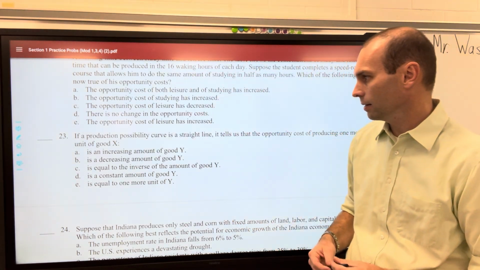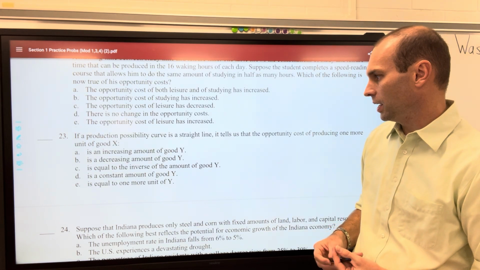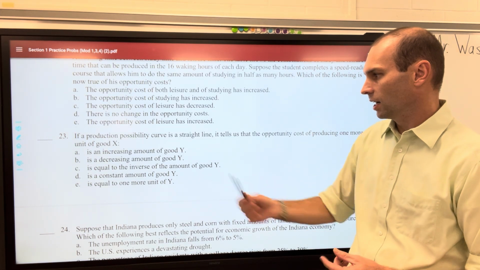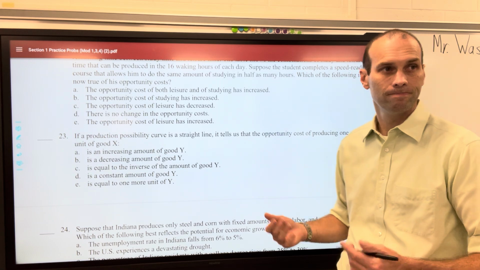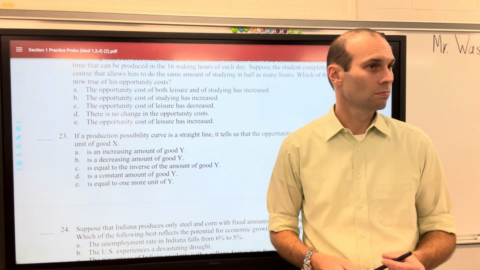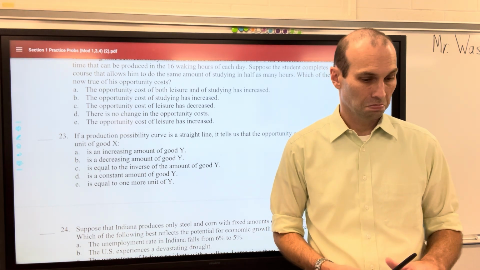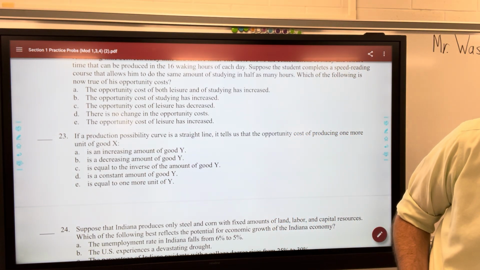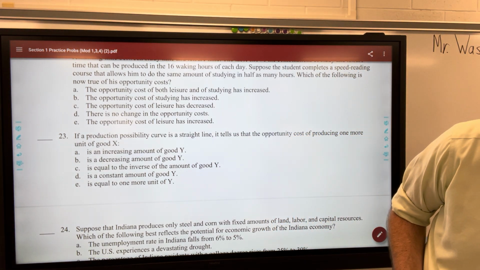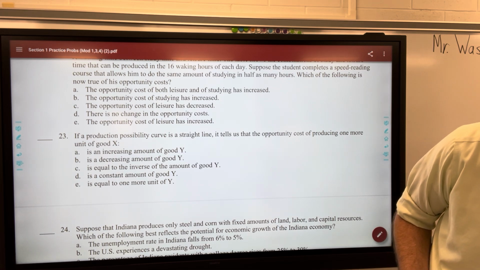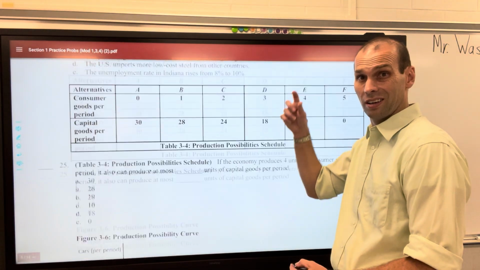So if we look at that, it means it must be a constant amount of good wine. Does that check out? Are you sure? Okay. So we skipped that whole page, sweet, and we're going to 31.